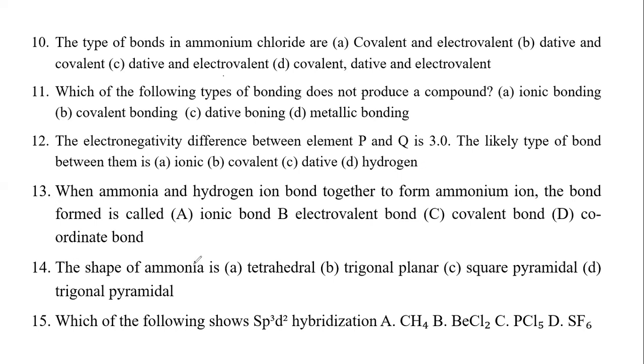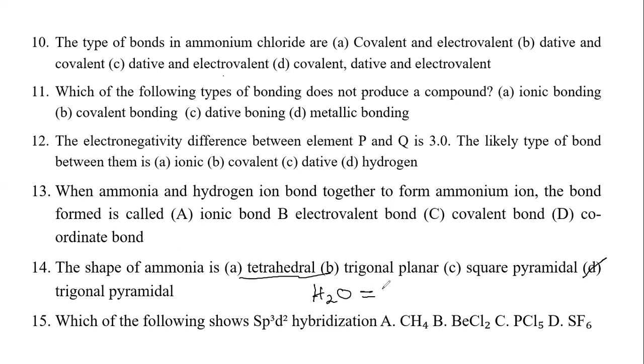So now the shape of ammonia is going to be what? Trigonal pyramidal. But you also need to understand that trigonal pyramidal is a distorted tetrahedral molecule. If you do not see trigonal pyramidal in your options, then it's a tetrahedral molecule.